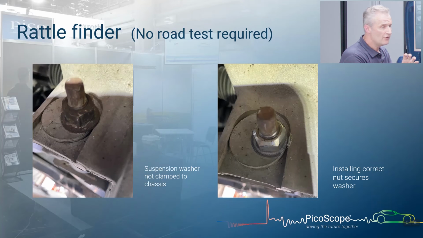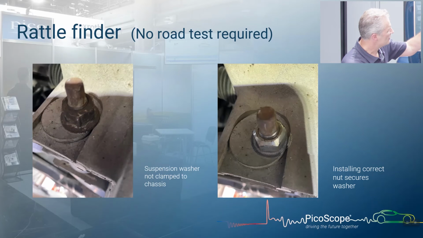We can tune in a low frequency, generate the buzzing or the rattling noise, and then walk around the vehicle using our senses, no more than our senses, to locate where the rattle originates from. Once we got this rattling, it did not take long to find that the washer was clamped. It was the nut with integrated washer was clamped on the frame and not clamping on the washer.